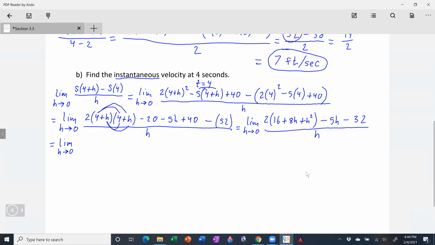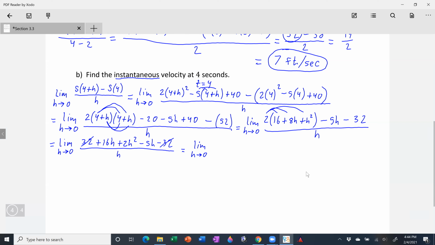Let's go through here and distribute that 2. So 2 times 16, we got 32 plus 16h plus 2h squared. Then there's the minus 5h and the minus 32, all over h. I think everything is going correct because we've got this nice canceling right there. 32 and minus 32 is gone.